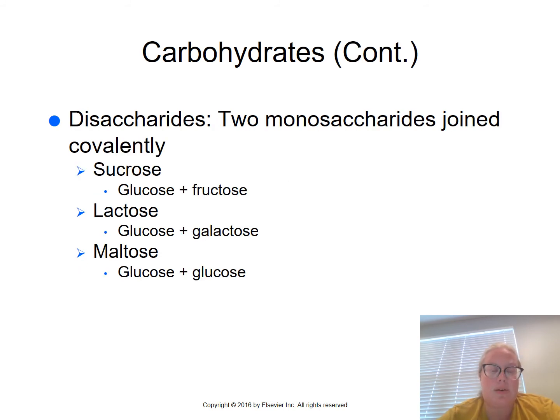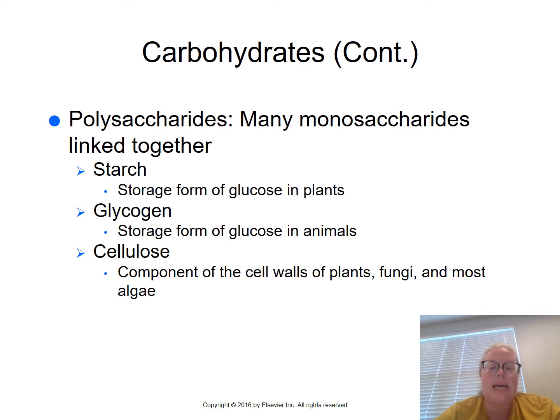Now, disaccharides are compounds formed when 2 monosaccharides combine with the loss of a water molecule. So you see sucrose is a combination of glucose and fructose, lactose is a combination of glucose and galactose, and maltose is glucose and more glucose. Polysaccharides are formed when many monosaccharides combine to form a large compound.